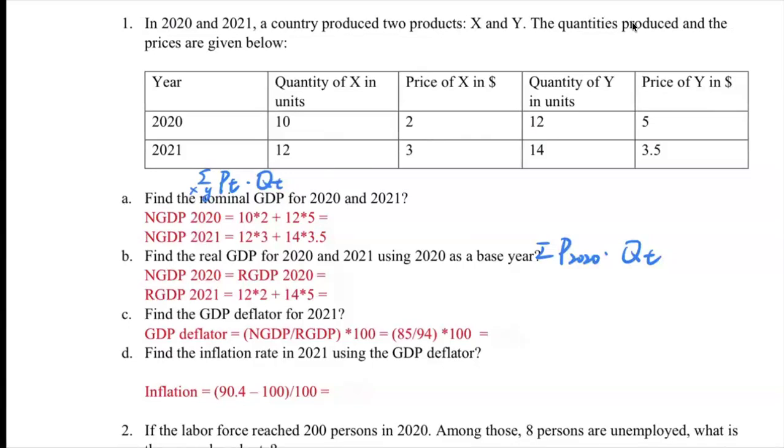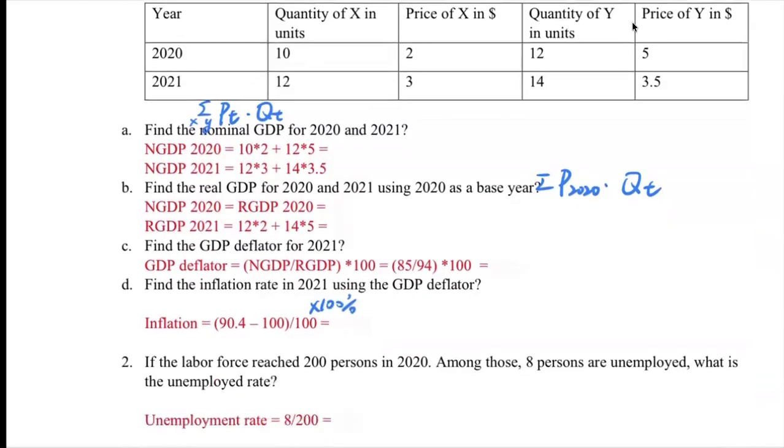And for the inflation rate, after getting the GDP deflator, the inflation rate is just (GDP deflator minus 100) over 100. Remember, you need to multiply by 100 to express it as a percentage level, okay? Because the inflation rate is measured as a percentage, okay?